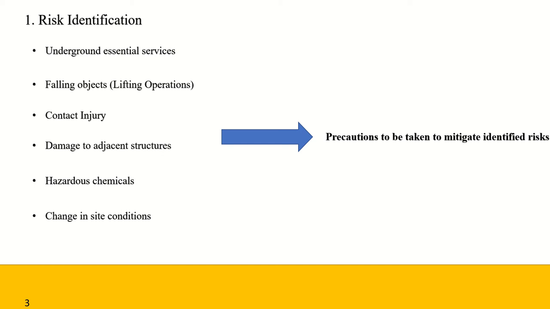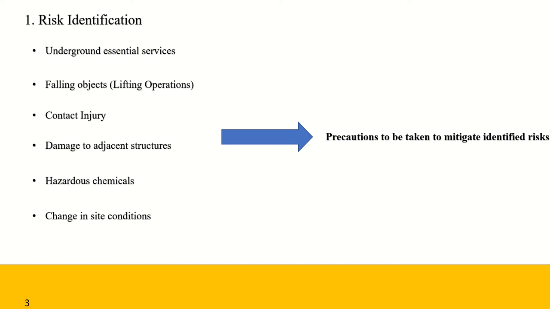As you can see in this slide, we identified the risks pertinent to the construction site of excavation project. These risks include underground essential services, falling objects, contact injury, hazardous chemicals, change in site condition, and damage to adjacent structures.